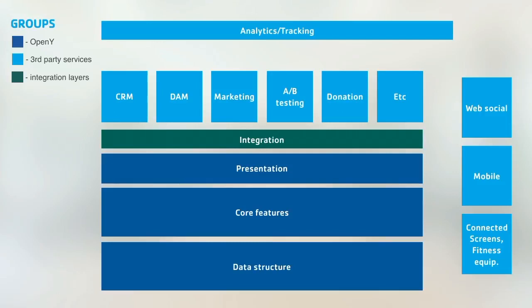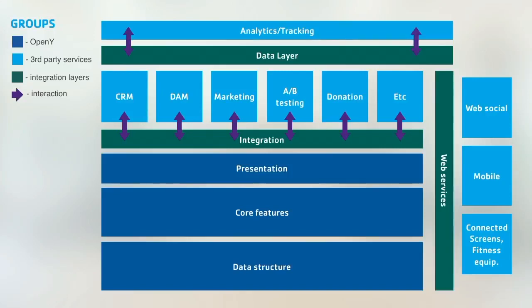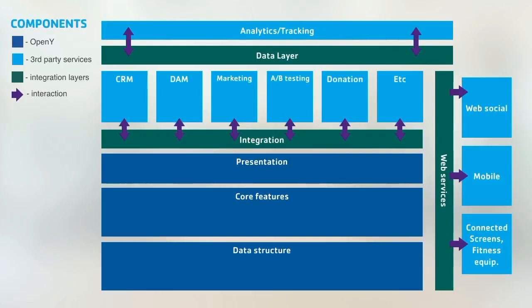In order to support that, we create the integration layer to interact with third-party services, and we export data through the data layer from the distribution to analytics and tracking. We use web services to provide support for third-party services and their APIs, and eventually to interact with the fitness equipment and mobile applications.